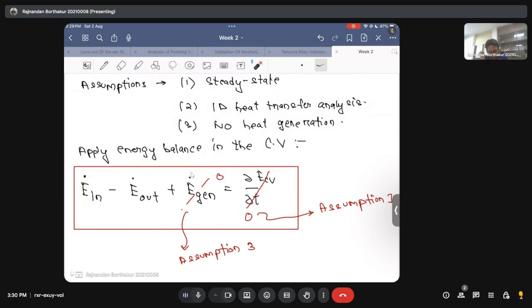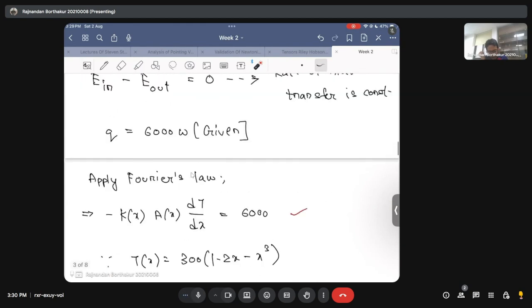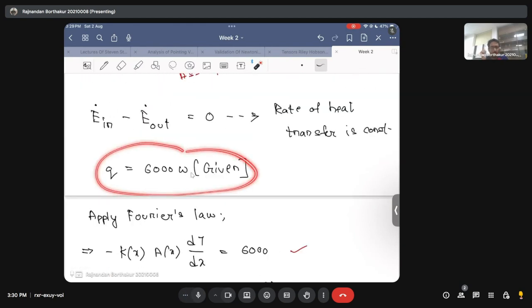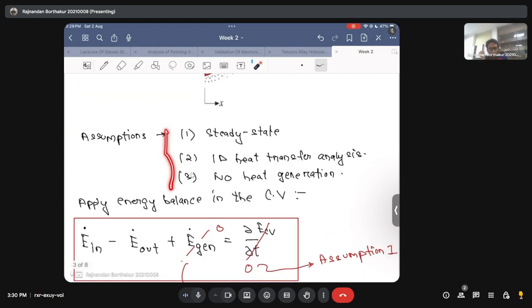Okay, and then from the energy balance we concluded why the rate of heat transfer is constant. The reason is again associated with the assumption, and for that you also need to write precisely what assumptions you are considering in your analysis. And this is I would say one of the most important steps while you are solving problems.